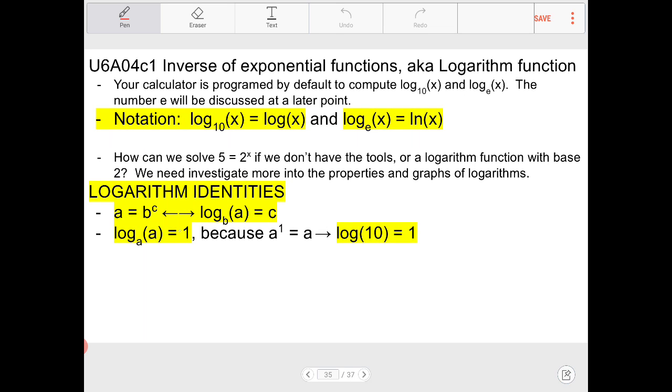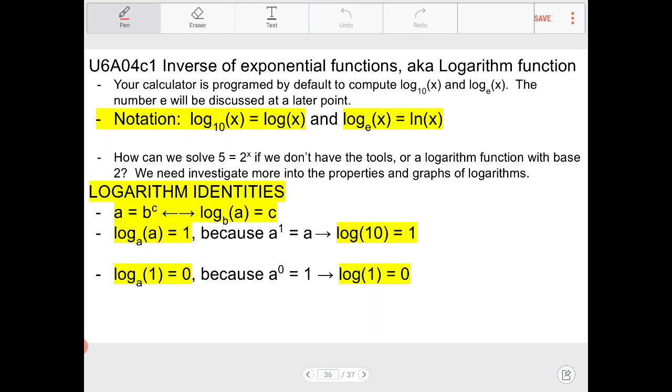Log base a of a will always equal 1. Anytime you're taking a log of a number that is the same as the base, it will always equal 1, because this is the same thing as saying a to the first is equal to a. In other words, log of 10 will equal 1, because 10 to the first is equal to, you guessed it, 10. So log of 10 is equal to 1.